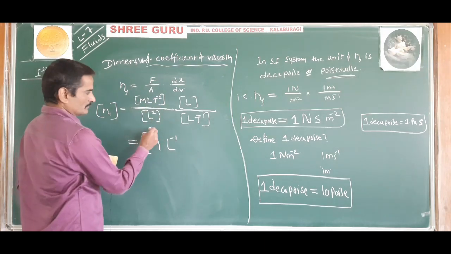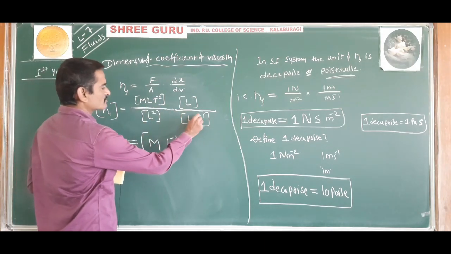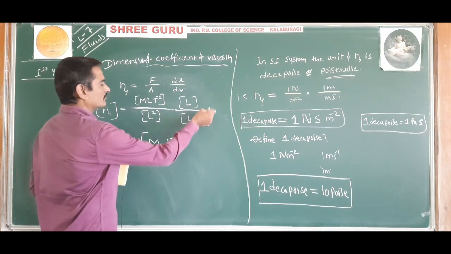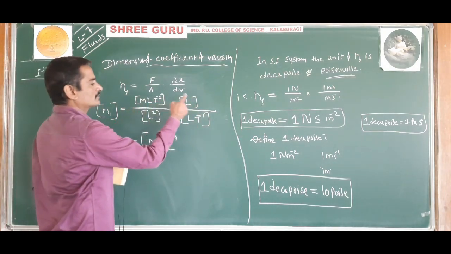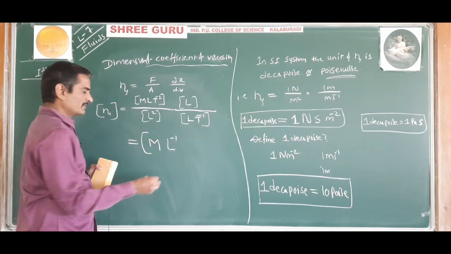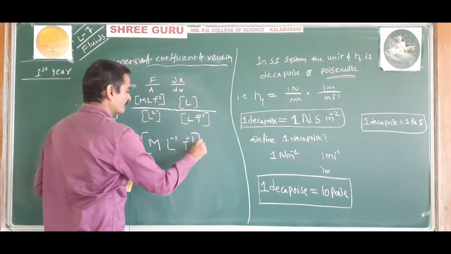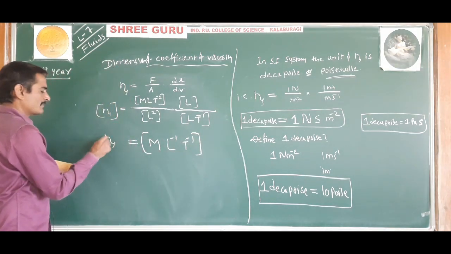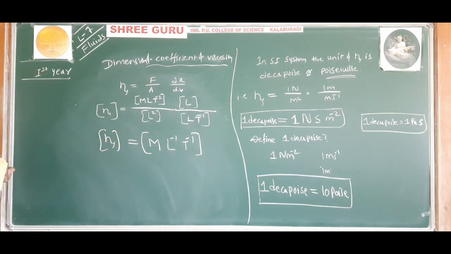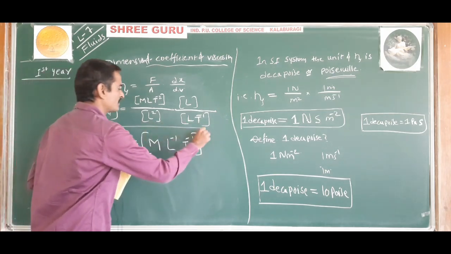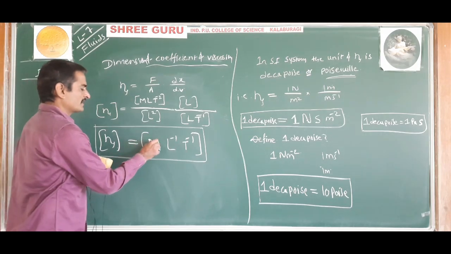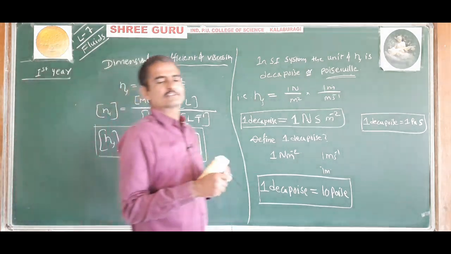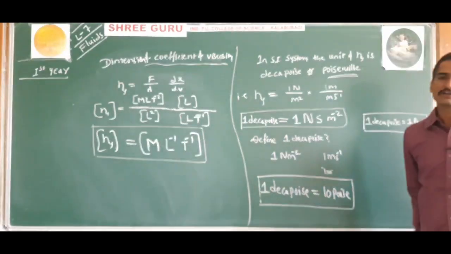T raised to minus 2, and the T raised to minus 1 going to the numerator becomes T raised to plus 1, so minus 2 plus 1 gives T raised to minus 1. So the dimension of coefficient of viscosity is M raised to 1, L raised to minus 1, T raised to minus 1. Remember that. Understood?